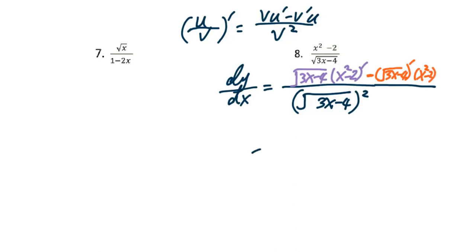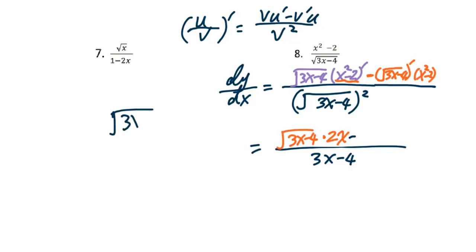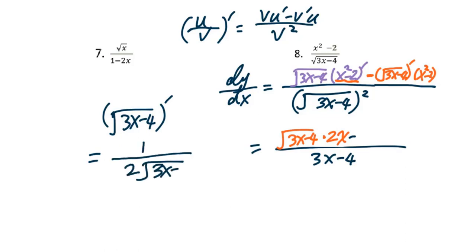Now we organize. Your denominator will be 3x minus 4. To the top, you will get square root 3x minus 4. The derivative for x squared minus 2 will be 2x. Then minus here, square root 3x minus 4. When you do the derivative, you will get 1 over 2 square root of 3x minus 4. But keep doing the chain rule.